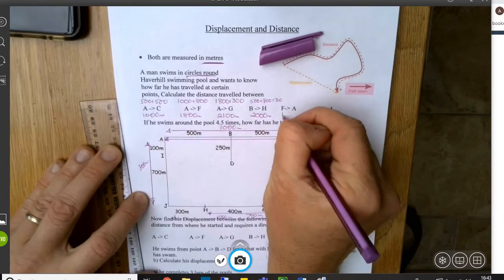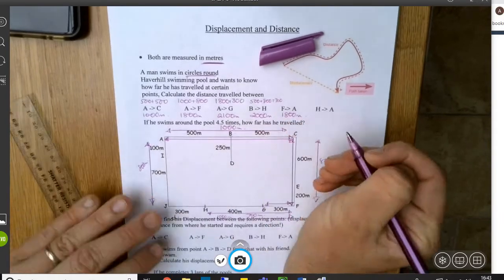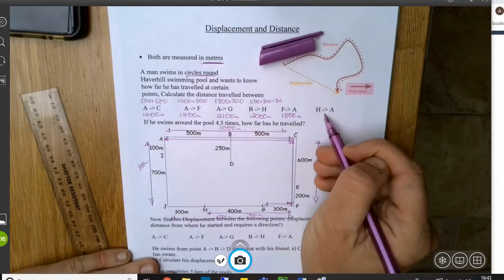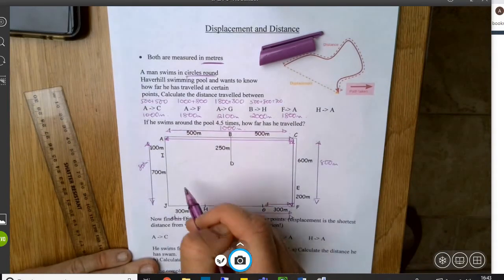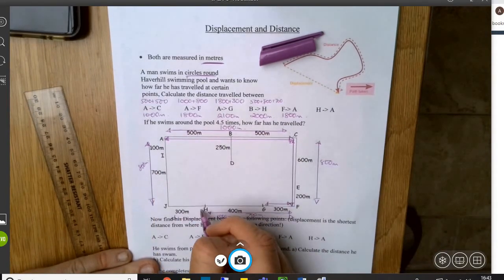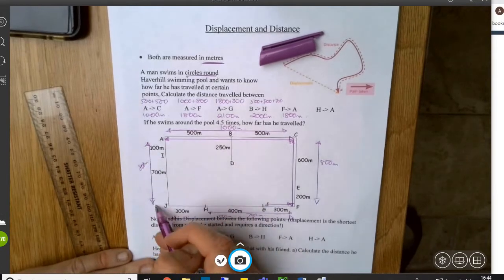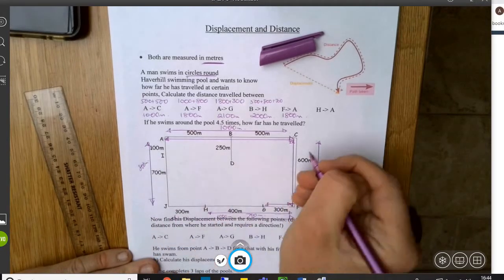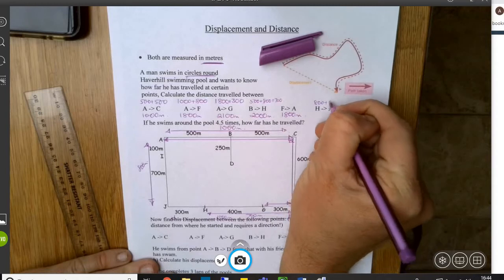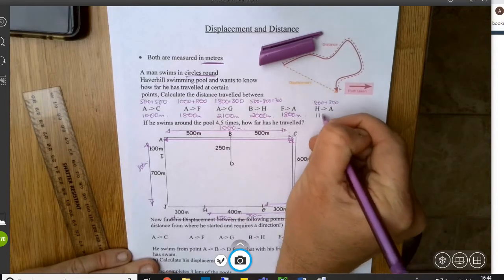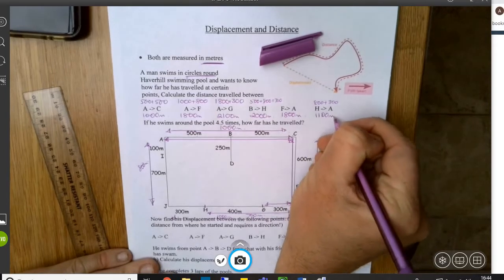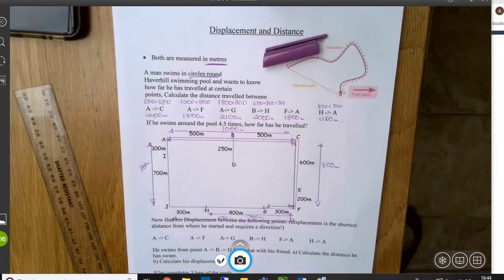So correct, we have 1,800 meters. Then finally from H to A is our final distance. We've got 800 plus 300 gives us 1,100 meters. Hopefully that is clear.